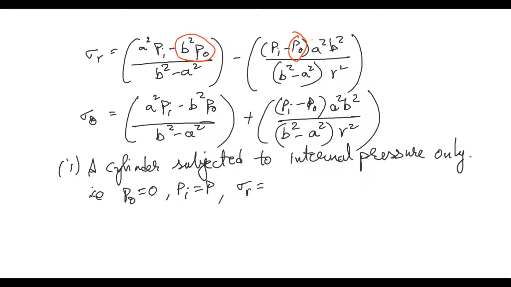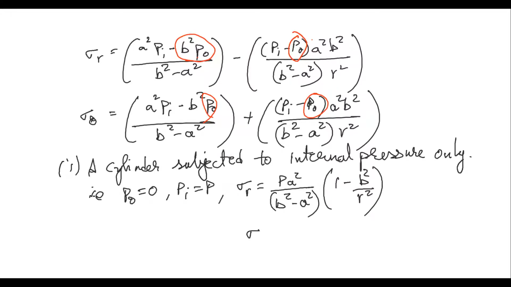If you substitute those values in these equations, then you will get the final state of stresses, that is P into A square by B square minus A square into 1 minus B square by R square. And similarly sigma theta equals P into A square by B square minus A square into 1 plus B square by R square.